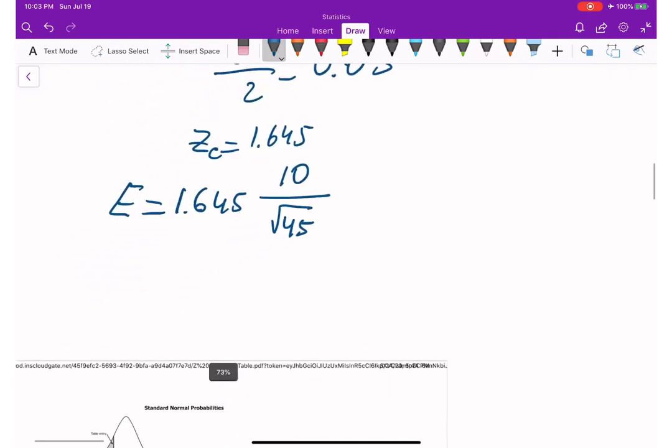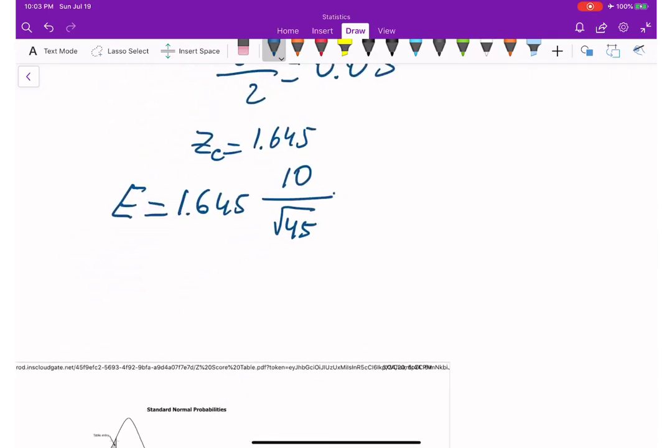All right, so this is equal 16.45 when we multiply by 10, and the square root of 45 is going to be 6.708204.